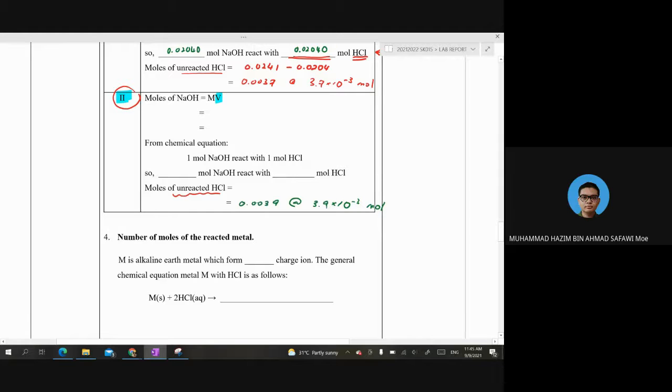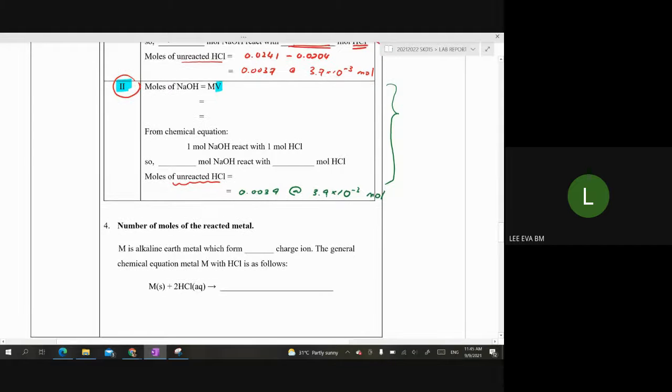Yes, madam. Dapat madam bagi jawapan untuk mole of unreacted HCl untuk sampel 2 sama dengan 0.0039. Okay, so untuk part ini awak complete awak sendiri ya. So, madam proceed kepada part yang keempat.